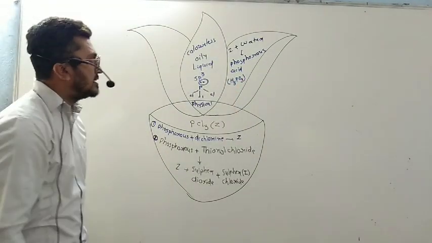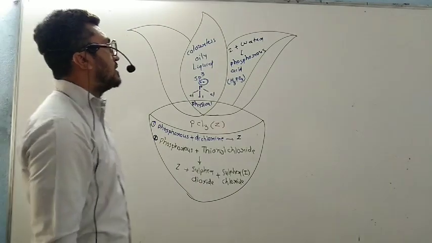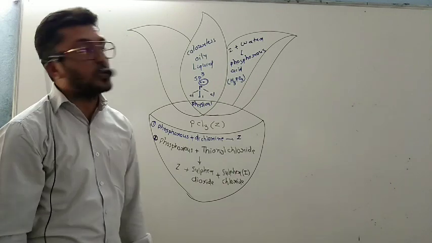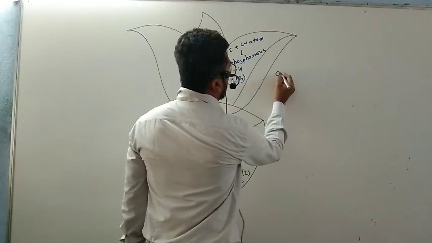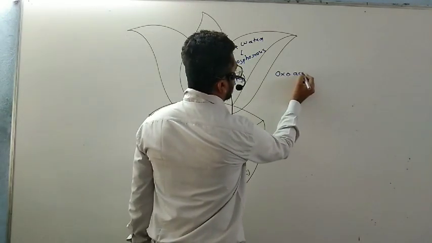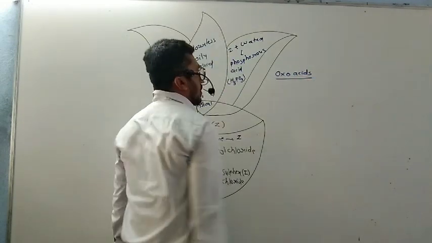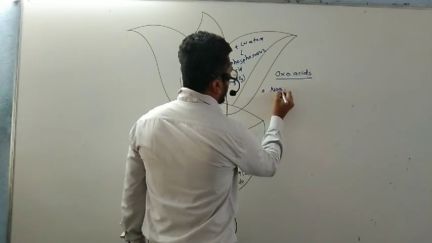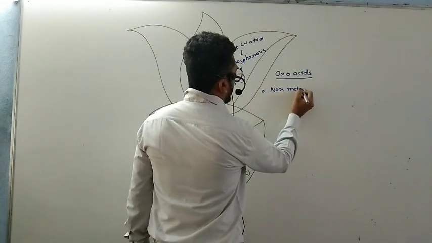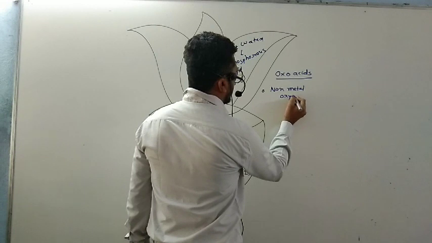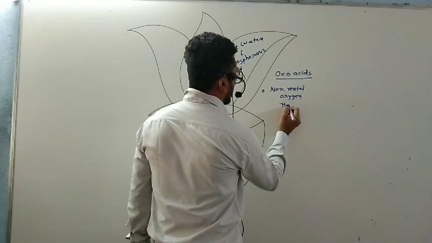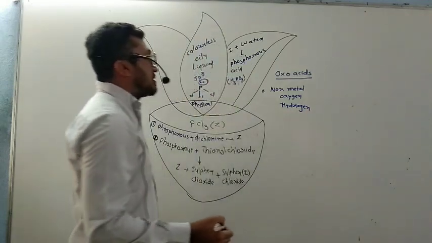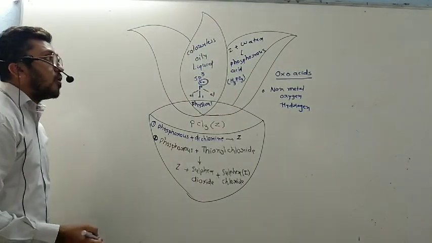Z plus water gives us phosphorus acid, H3PO3. Phosphorus acid is an oxoacid of group 15. What are oxoacids? Well, non-metal, oxygen and hydrogen: when these three atoms combine with each other, they form oxo acids.